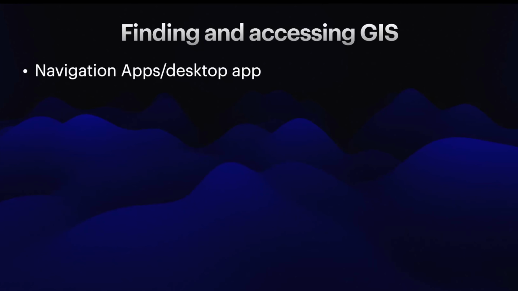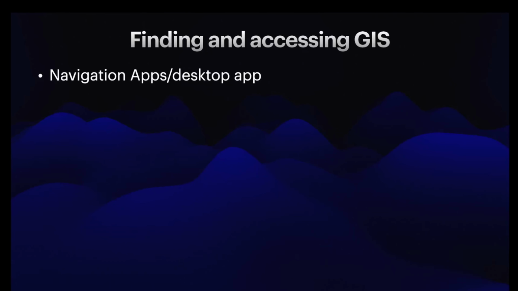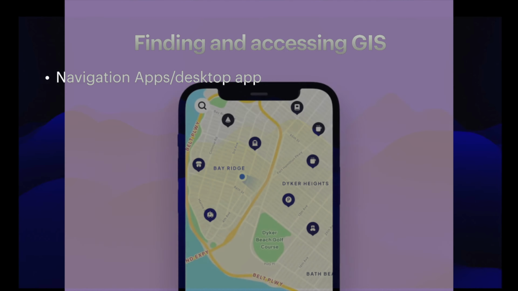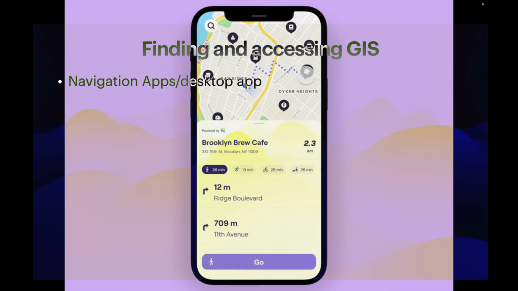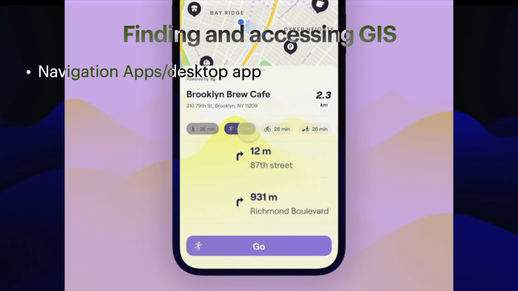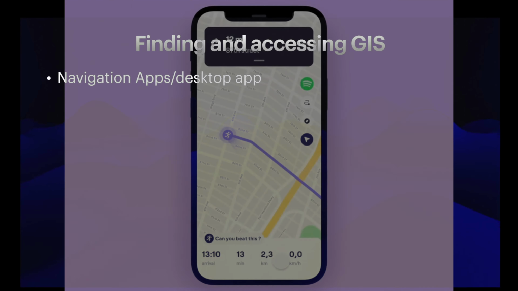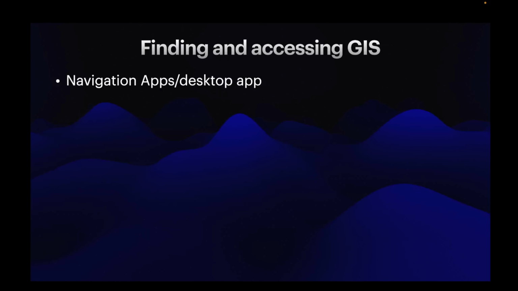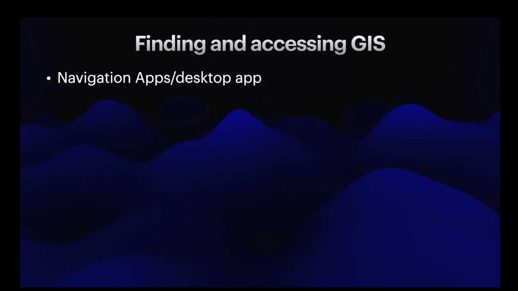Then accessing GIS. There are certain applications, like Google Maps, which all of you must have used to find a location. Then there are desktop applications like QGIS and ArcGIS Pro. QGIS is what we are using for this demonstration, and ArcGIS Pro is also software, made by ESRI.